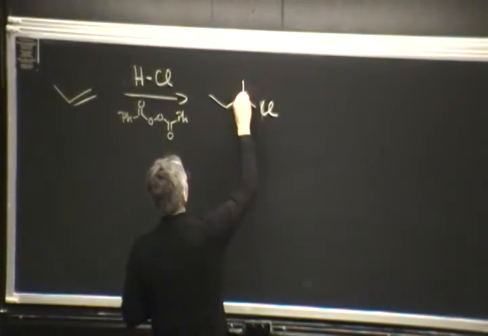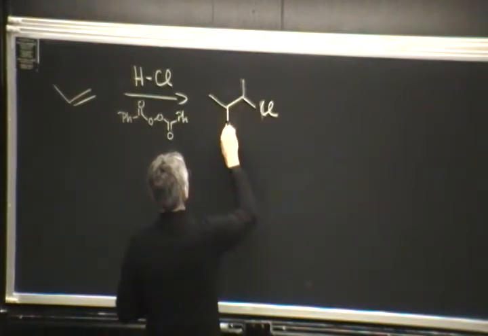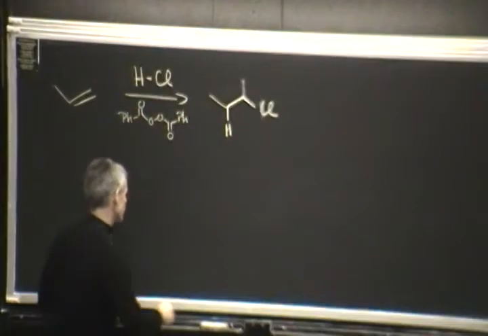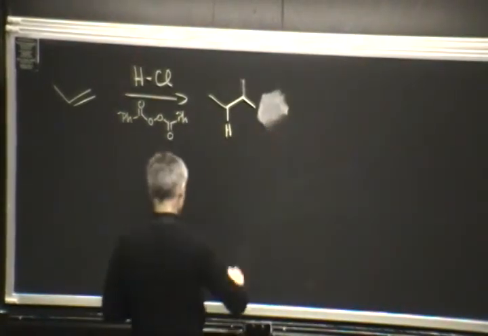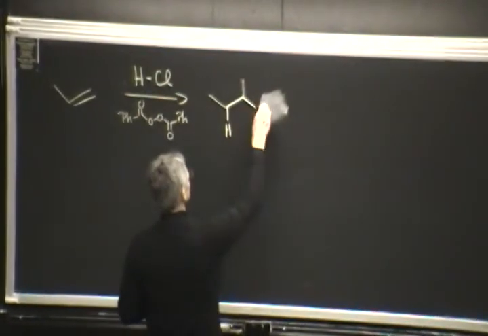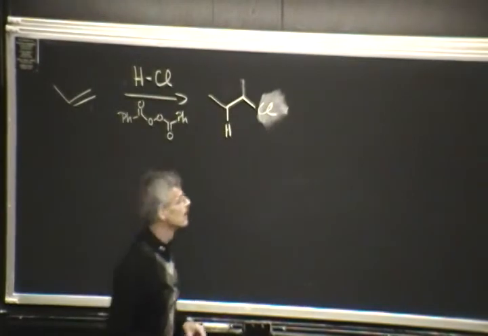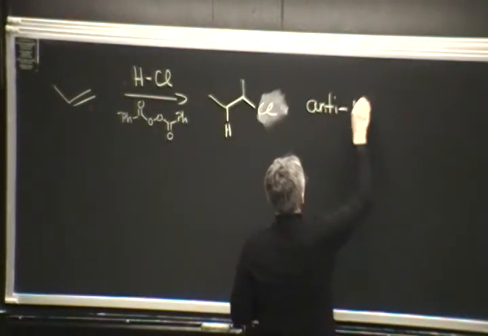And the hydrogen has added at this position here. So we now have an anti-Markovnikov product because the hydrogen is added to the more substituted part of the original alkene. Again, this is a hallmark for anti-Markovnikov.